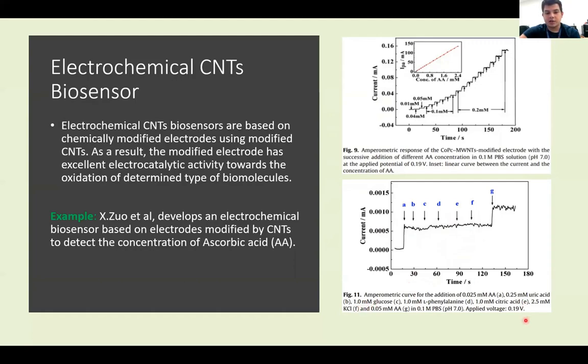But if we add ascorbic acid, it will have a significant response from the electrochemical biosensor. This is one of the examples of the biomedical application of these carbon nanotubes.